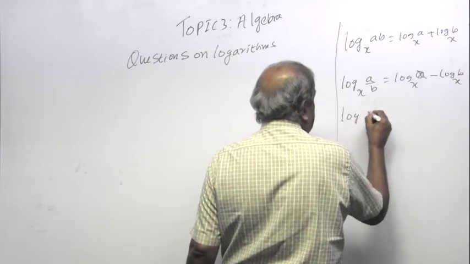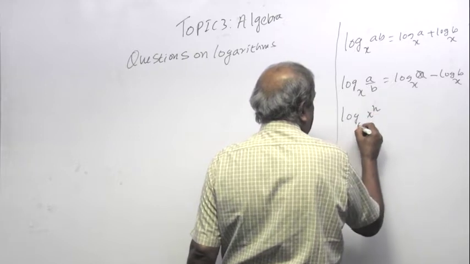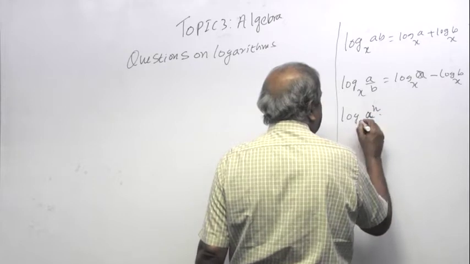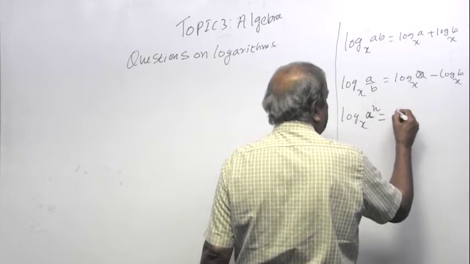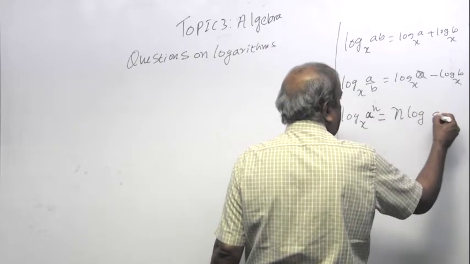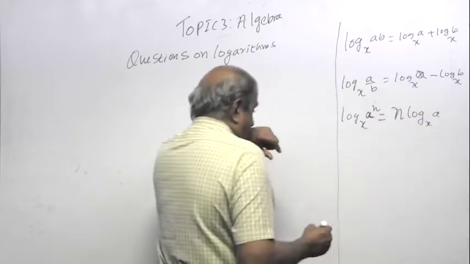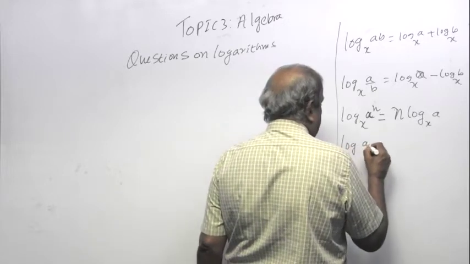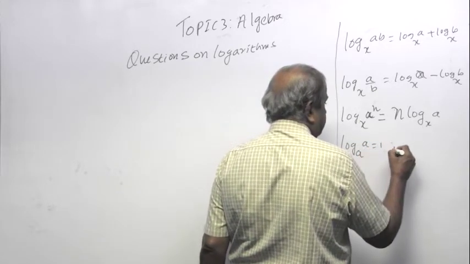Log of A power n to base x equals n times the logarithm of A to base x. Log of A to base A is 1.